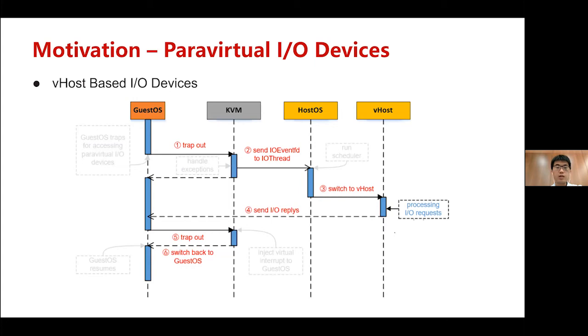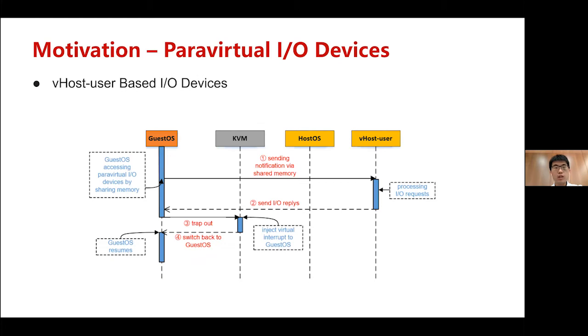Let's see the related work. Vhost proposes to alleviate I/O processing overheads by adopting kernel threads, but overheads caused by context switch between guest and host still exist. Different from vhost, vhost-user alleviates I/O overheads via shared memory between guest and host.